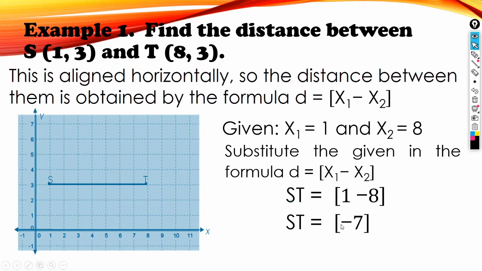So kukunin lang natin ang numerical value. In short, ST is equal to 7 units. Since we are talking about distance, kailangan ang ating answer ay laging expressed in units. So, kailangan may units of measurement.